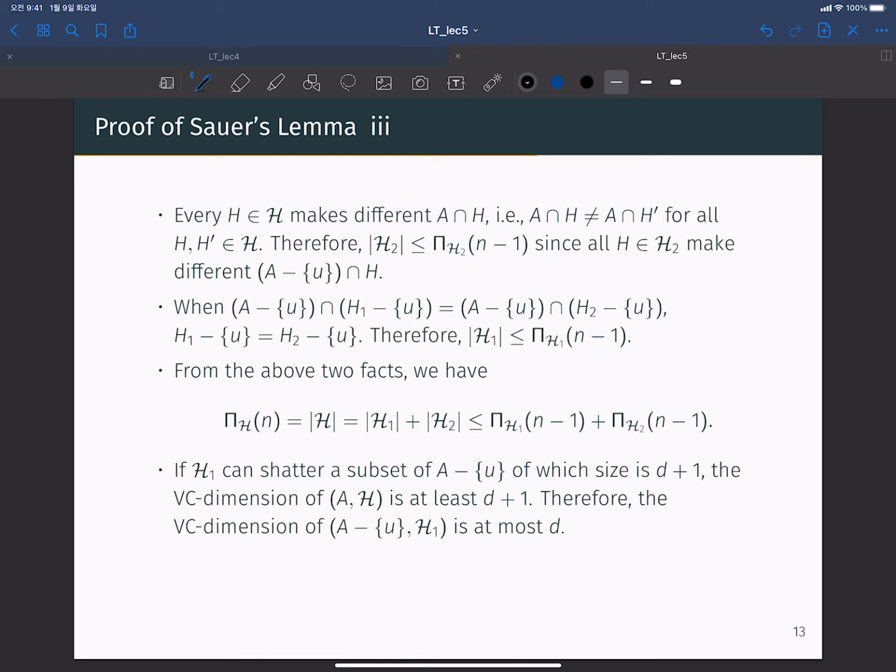Therefore, the cardinality of H2 must be less than or equal to the growth function with number of samples n minus 1.